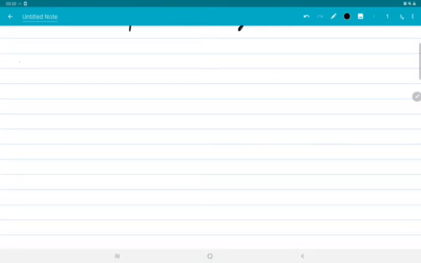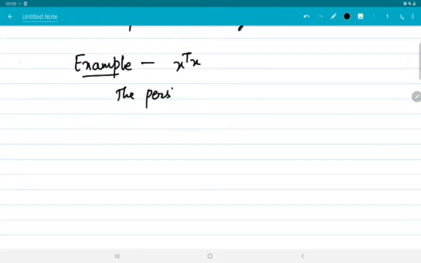Into one example. The example is the Euclidean norm squared, which is x transpose x. So the perspective of this thing: this is my f, f of x is equal to x transpose x.